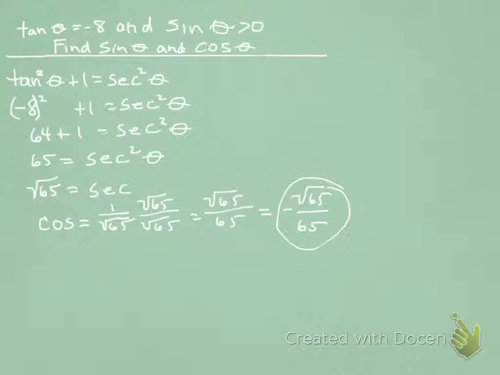Before I leave this little negative sign, you may remember that when we take the square roots of numbers, the result can either be positive or negative. In other words, the square root of 65 times the square root of 65 is 65, or negative square root of 65 times negative square root of 65 is 65. So we have both possibilities there, and because of the information given at the beginning of the problem, we know that the cosine must be the negative of the two and not the positive.